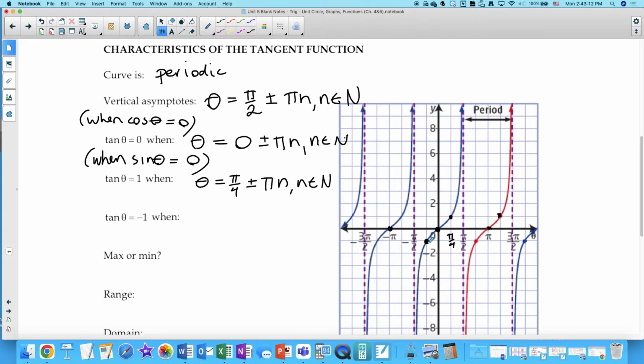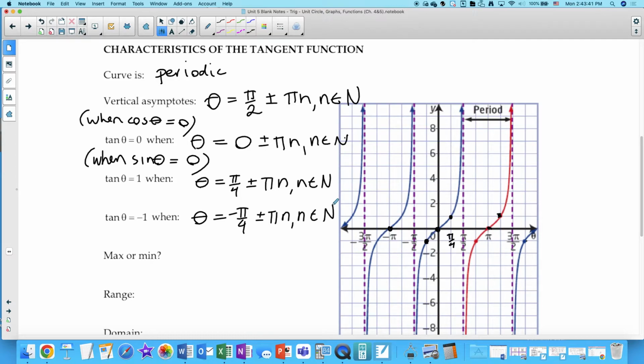That's kind of a helpful image for me. So this happens when theta equals negative pi by 4 plus or minus pi n. N is an element of the naturals, right? But I think the point that I'm trying to make is that this angle over here, you could add pi to it and make it 3 pi by 4. That's fine, right? You just have to be hitting one of these points where it's actually equal to -1.